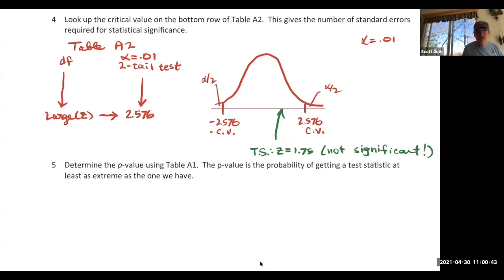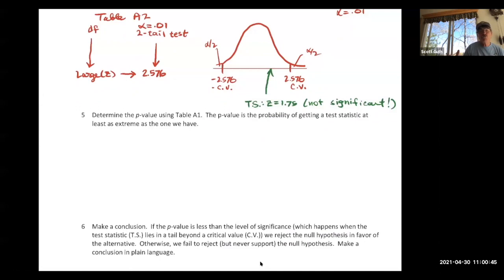Now, the p-value is the probability of getting 1.75 or more standard errors. So for the p-value, you draw another bell curve and you plot your 1.75 on here, which is your test statistic.